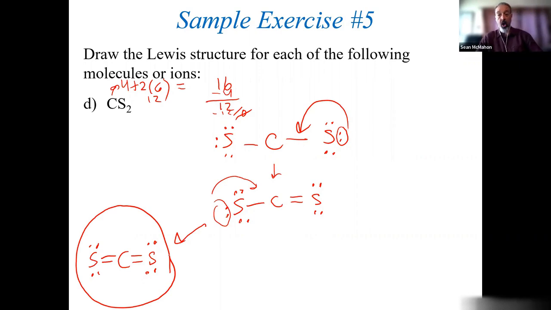You could draw a Lewis dot structure, which is valid, by instead of removing it from the other sulfur, in theory, you could draw it, and this is not correct, but I'm going to show it to you because it's still a valid Lewis dot structure, because I could have moved that there and I would have gotten this.